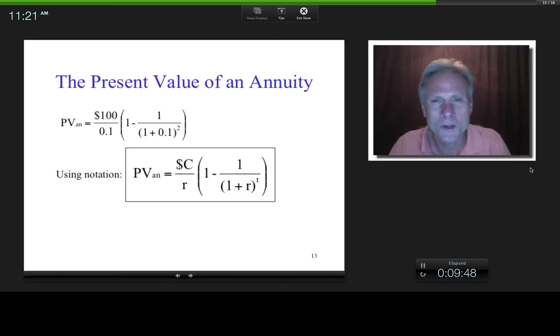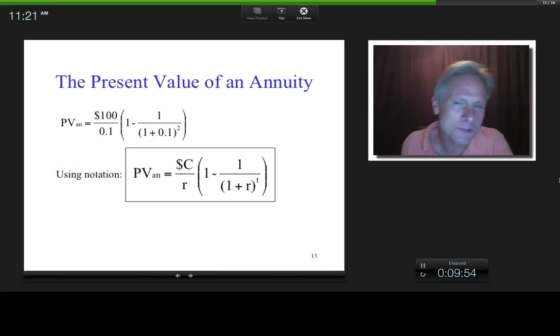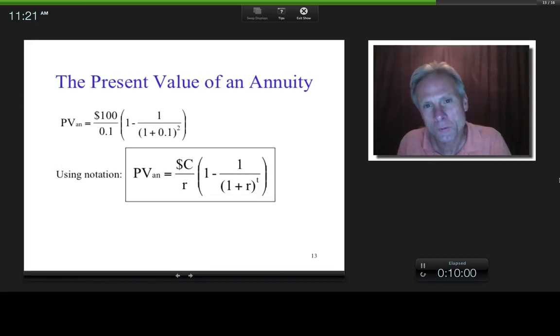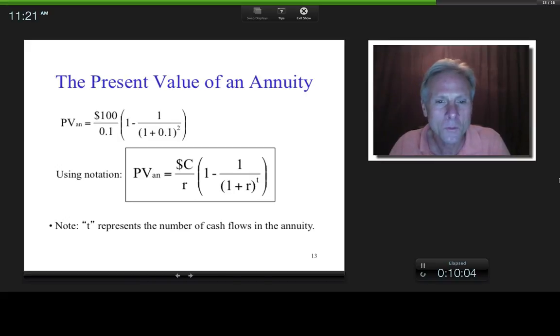There's 2 right here. What does that represent? Well, we did bring the $1,000 back 2 time periods, but the reason we moved it back 2 time periods was because we had 2 sets of $100 in the annuity. In other words, T represents the number of cash flows in the annuity.